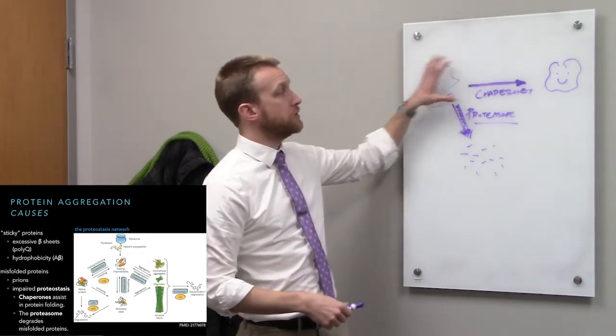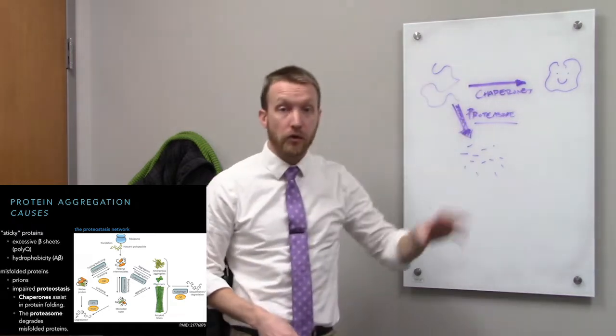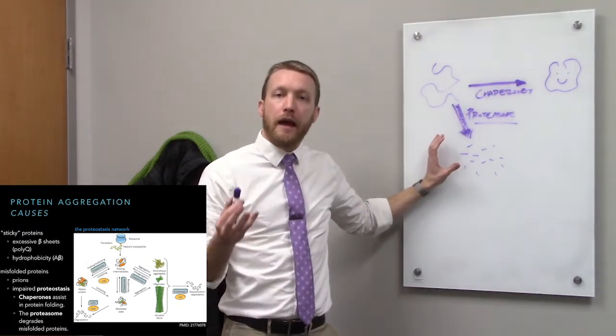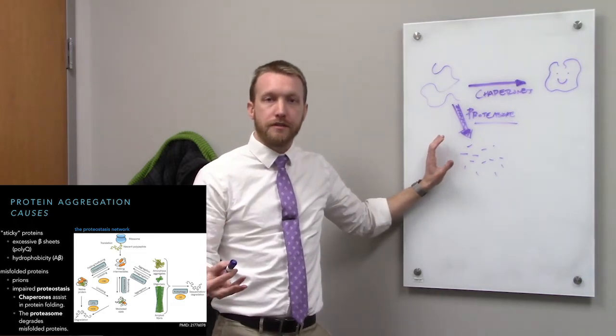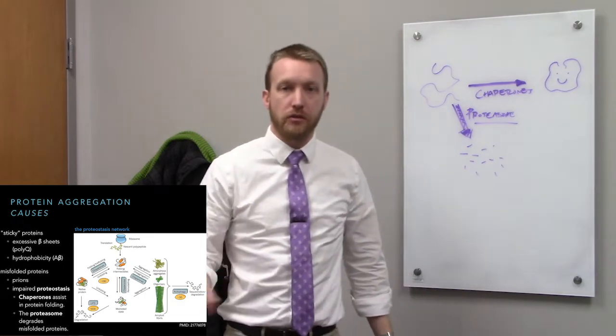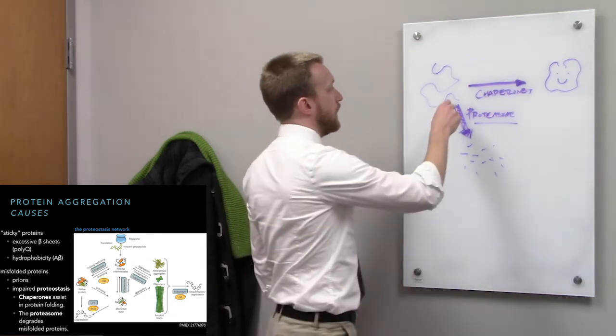So ideally what we do is fold up our proteins properly and they go do their job. When proteins don't fold properly, we get rid of them. The problem with aggregation-prone proteins is that they form these misfolded balls and they're very difficult to break down. So what we create is a big pile of junk.